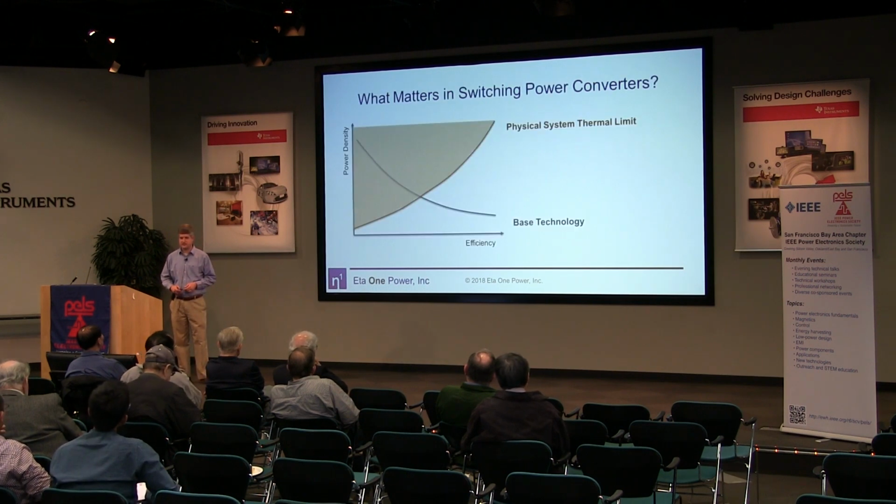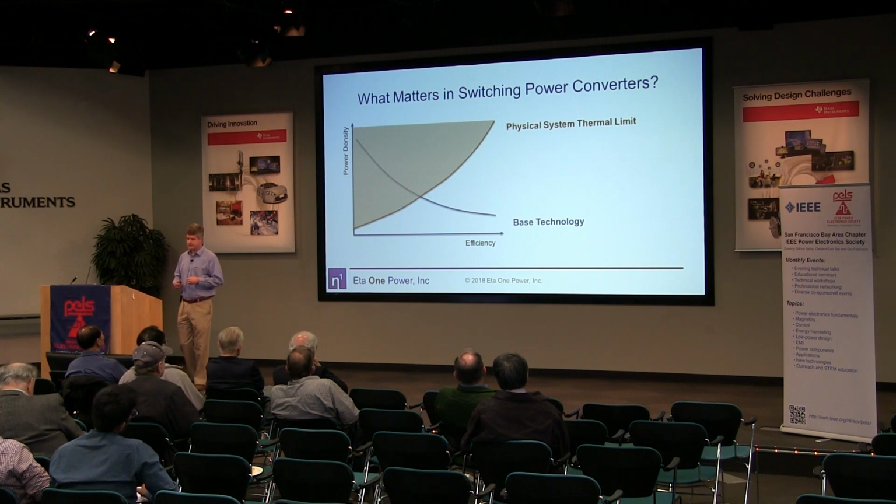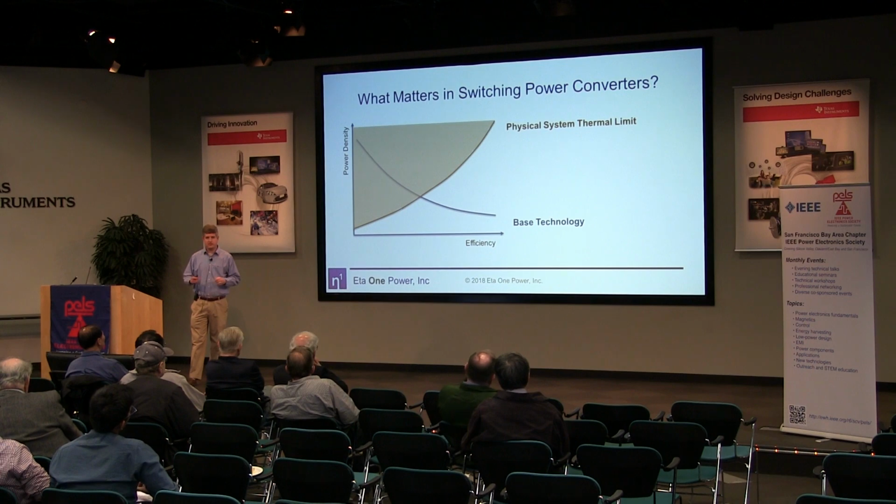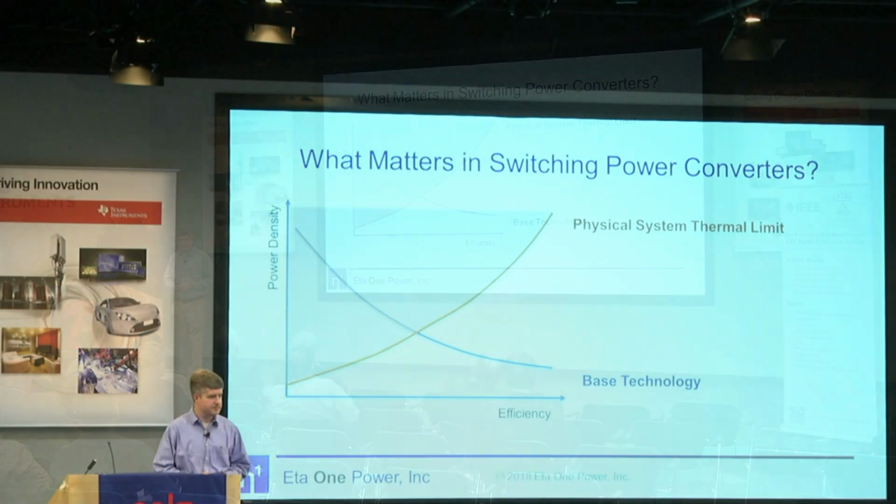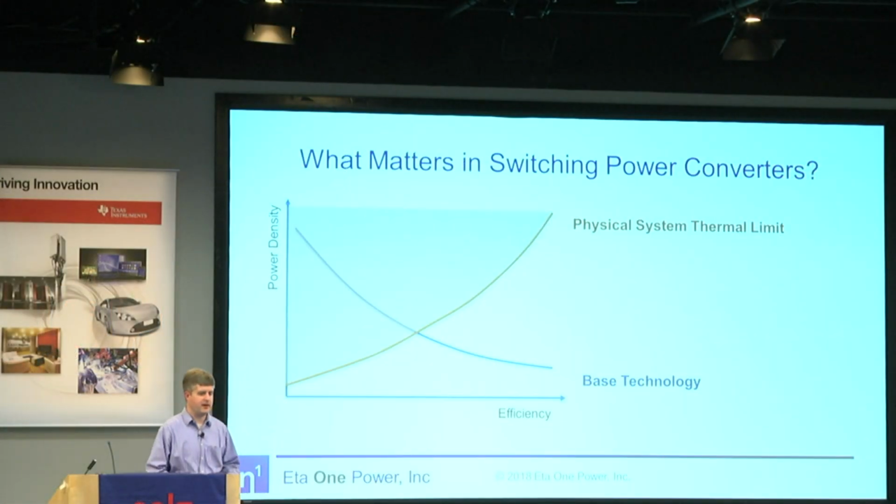We're all technologists. Now let's look at how we achieve the number two goal here, power density, from a technology standpoint. For a power converter, there's a trade-off between efficiency and power density. Typically, as you make your supply more and more dense, your efficiency drops.